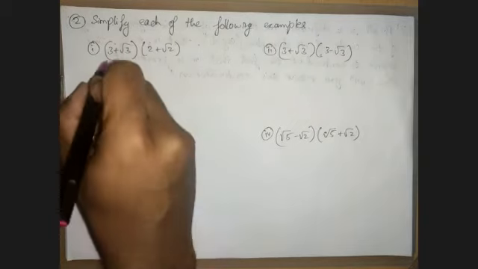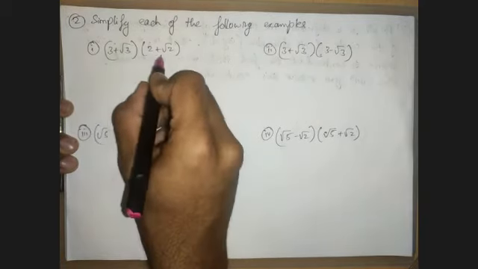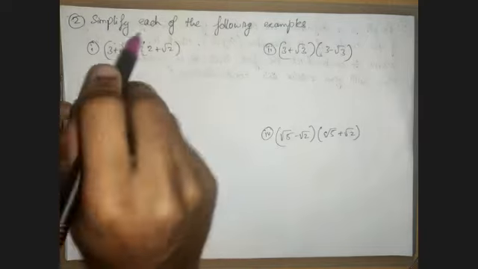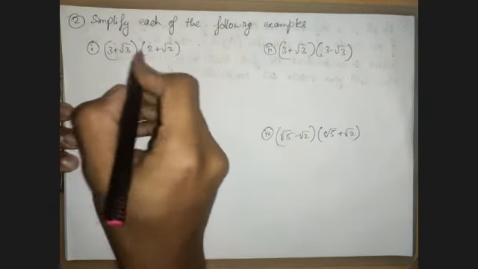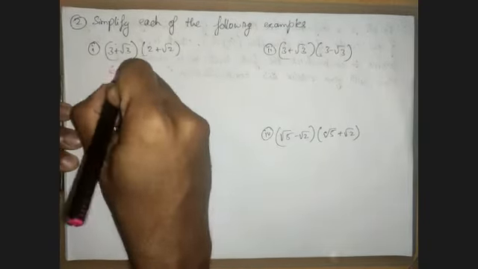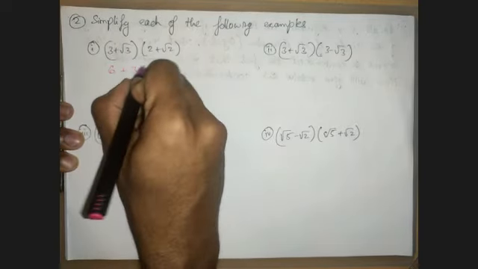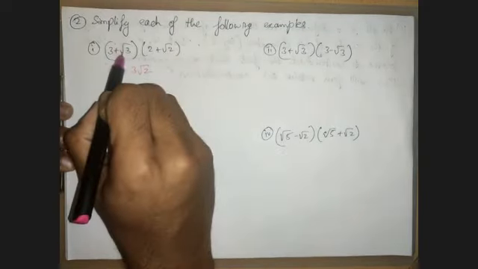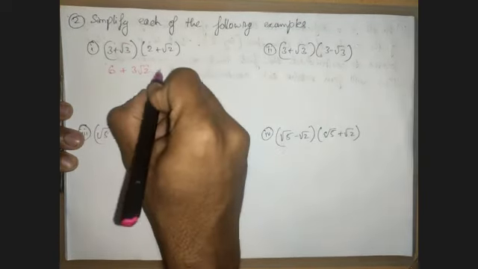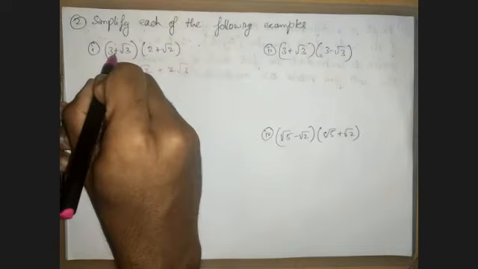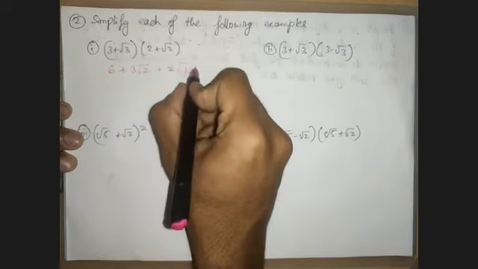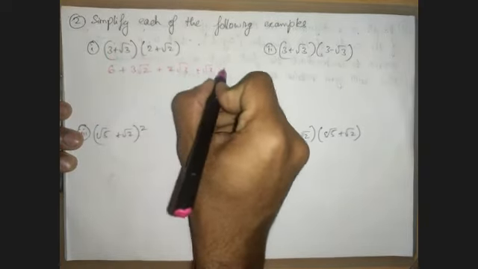So they have given 3 plus root 3 into 2 plus root 2. How do I simplify this? We need to multiply. 3 2s are 6, plus 3 into root 2, so that is 3 root 2. Then root 3 into 2 would be 2 root 3, plus root 3 into root 2.